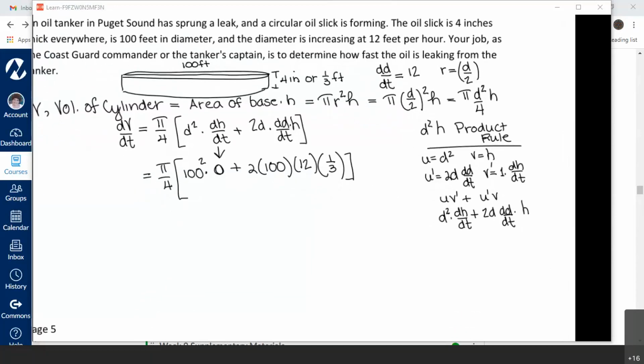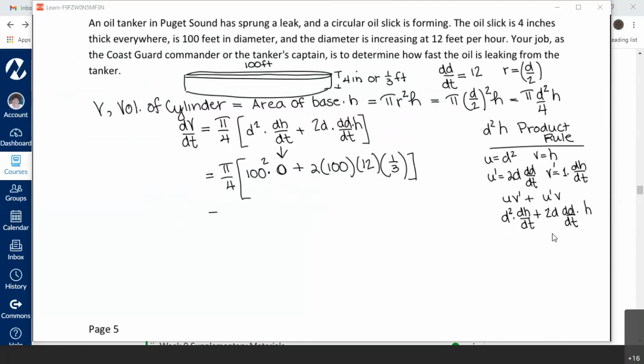All right, then it's a matter of just multiplying everything out. This term disappears, and you're going to have 200 times 4, so that's going to be 800. So this much is 800 pi over 4, which is 200 pi cubic feet per hour.